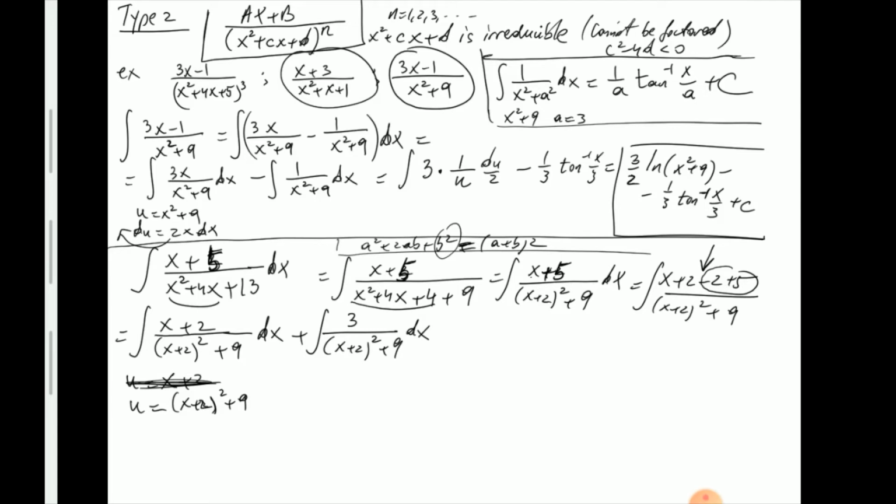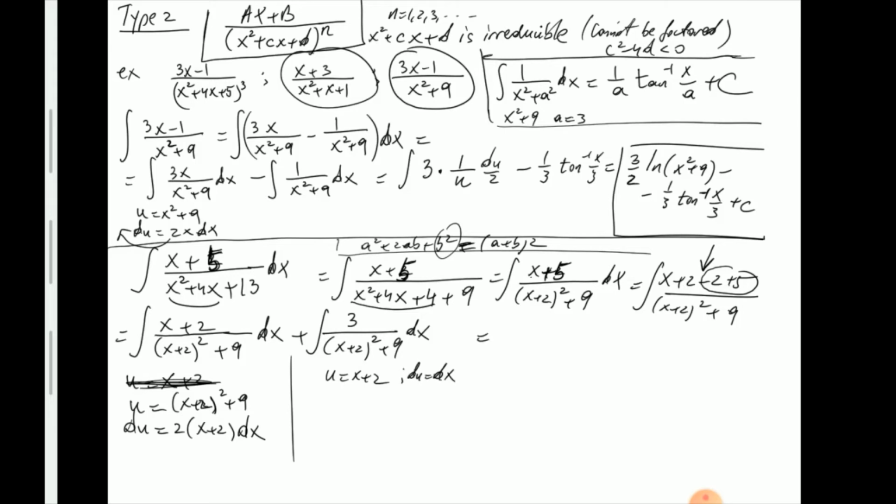Yeah, just like before. U equals (x plus 2) squared plus 9. du equals 2 quantity (x plus 2) dx. And here you could do a quick u substitution, but it's going to be just like the inverse tangent before here. So you could also do here u equals x plus 2, du equals dx.